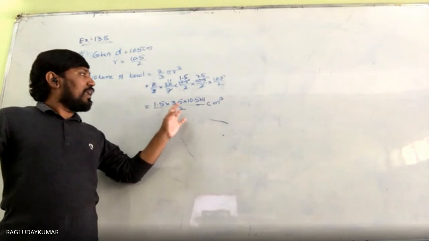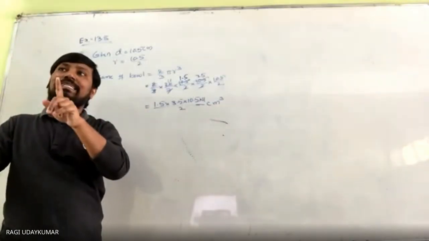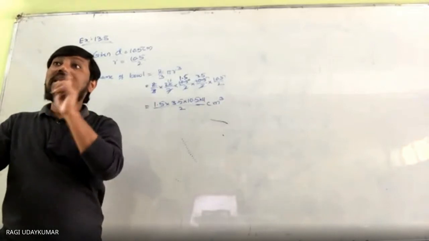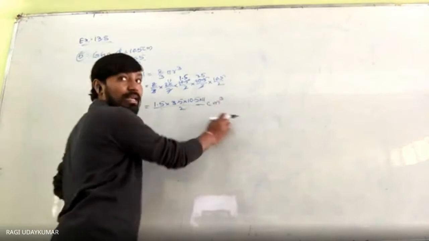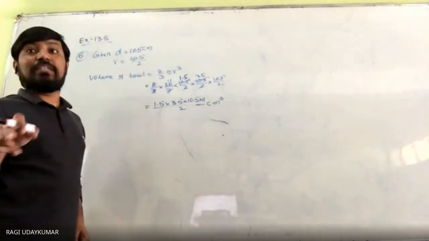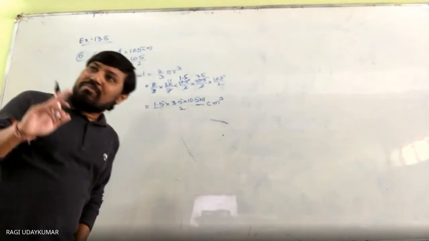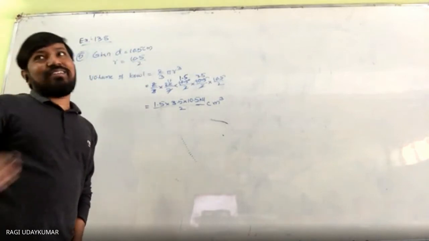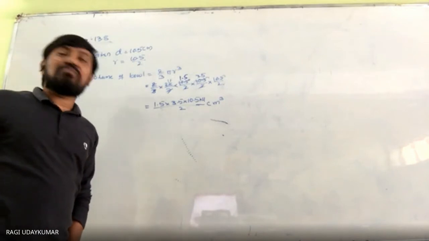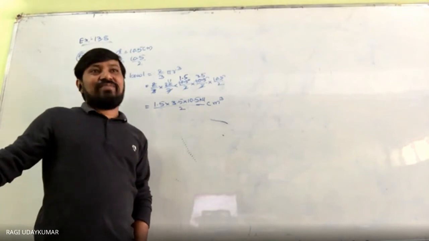Okay, so now what to do here? This is centimeter cube. 1 centimeter cube is equal to 1 milliliter. So this is milliliter, and the question is asking in liters. To express milliliters in liters, divide by 1000.